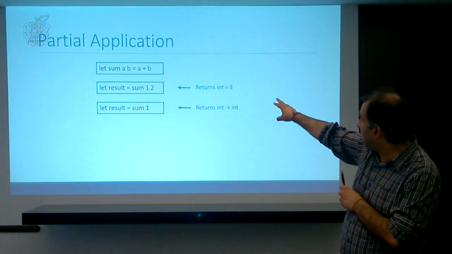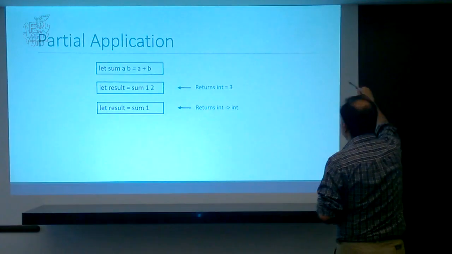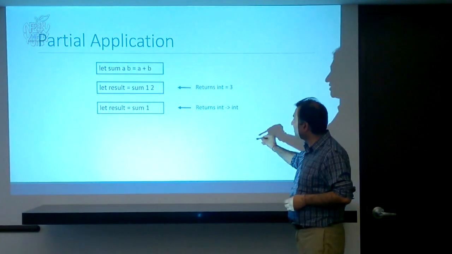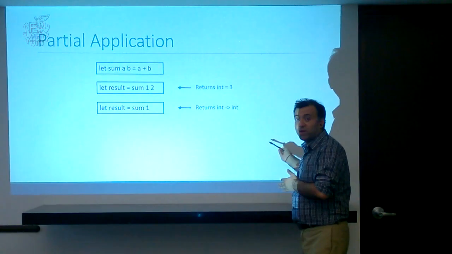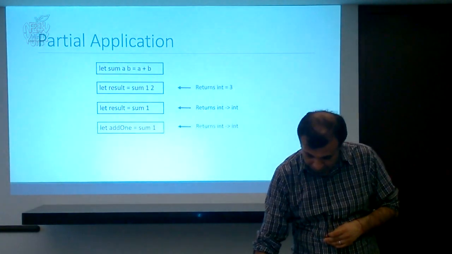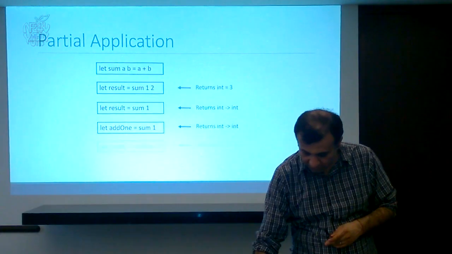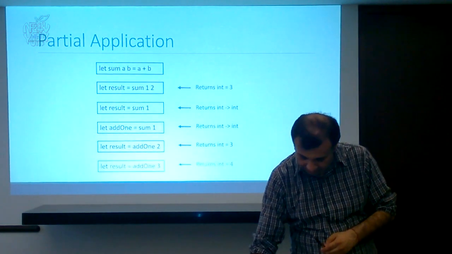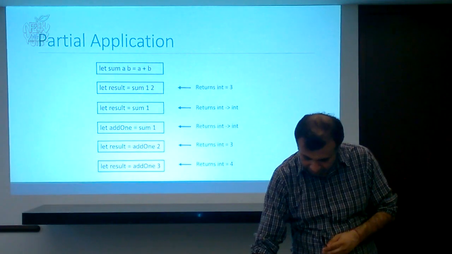Right? So this type was int to int to int. Now you have int to int. And if I say result 3, it will give me 4 as an answer, because it's adding 1. There you go. Now this would result 3 plus 3, because 2 plus 1 is 3. Same thing.